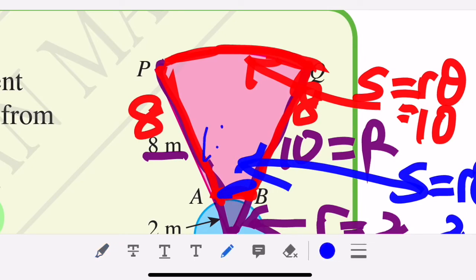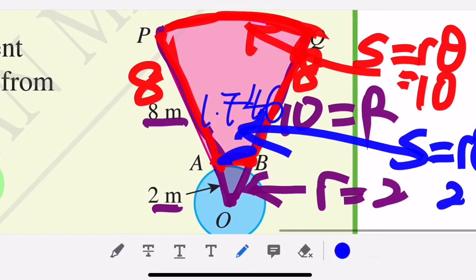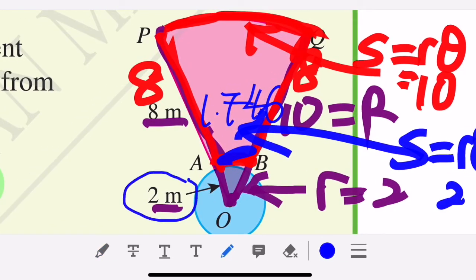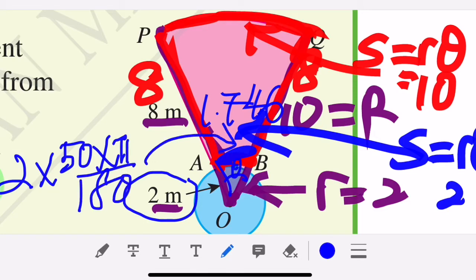This is 1.746, right? Because we use s equal to r theta, where r is 2. We take this radius 2 times the theta 50 degree, we times with pi over 180, right? So we'll get this arc length.